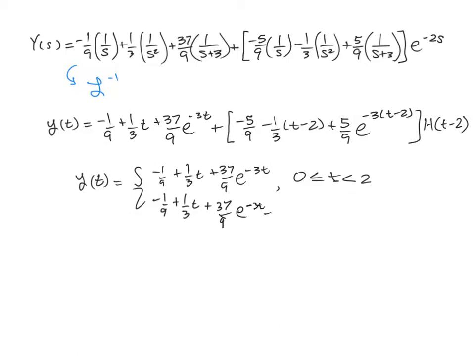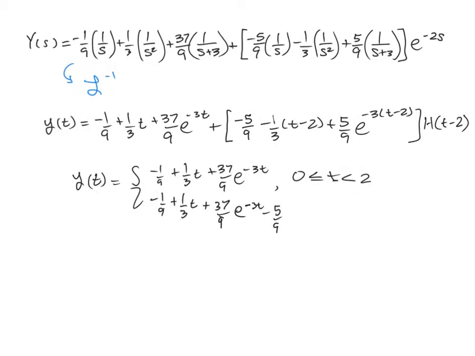So we're going to have a negative 5/9. And then we're going to have a negative 1/3 times t. Then if we distribute the negative 1/3 times the negative 2, that's a plus 2/3. And then we're going to have plus our 5/9 e to the negative 3 times t minus 2. And that's for t values greater than or equal to 2.